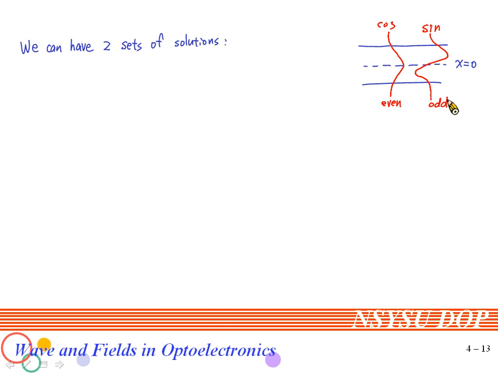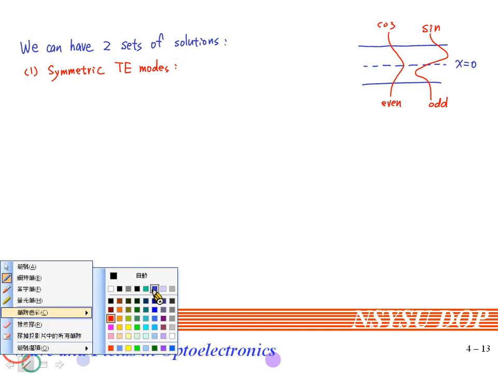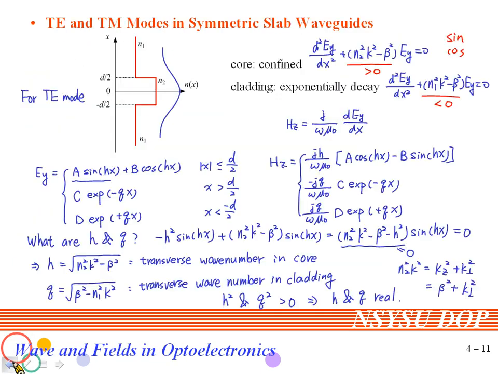Okay, so the guided mode can form two sets. The first one is symmetric TE mode, which is the even function shown here. As the guiding mode is symmetric, which means that it will be a cosine function, as a result, the A should be 0.